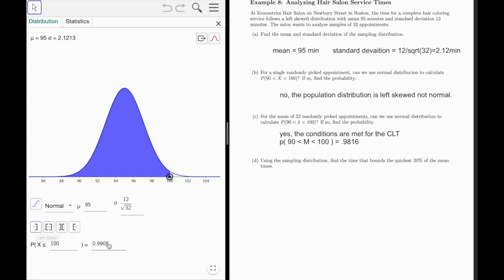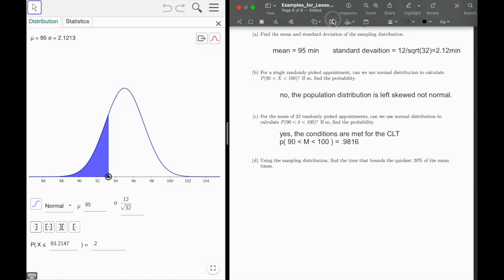Now I want to tell GeoGebra to find that cutoff point that gives me the lowest 20%. So I'm going to put in here in my probability area 0.2. I'm going to hit enter, and then it shows me that cutoff point. So everything to the left of 93.2147, that is my lowest 20% of times, which is my quickest times.